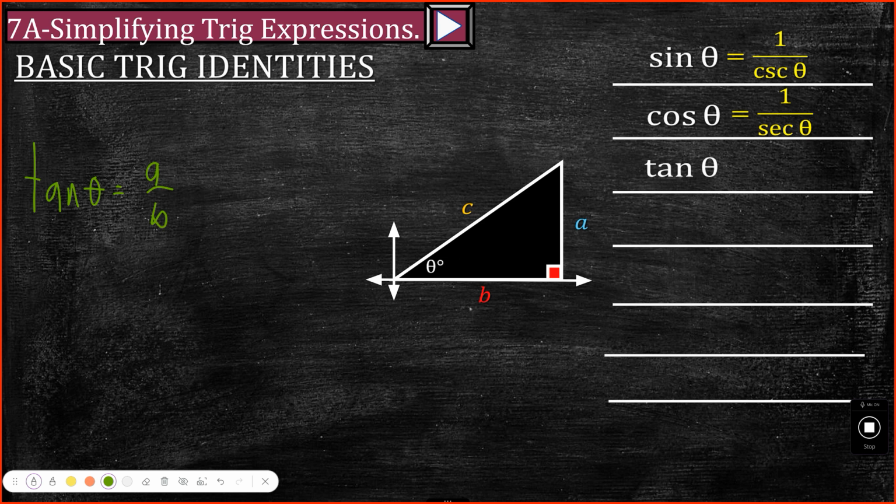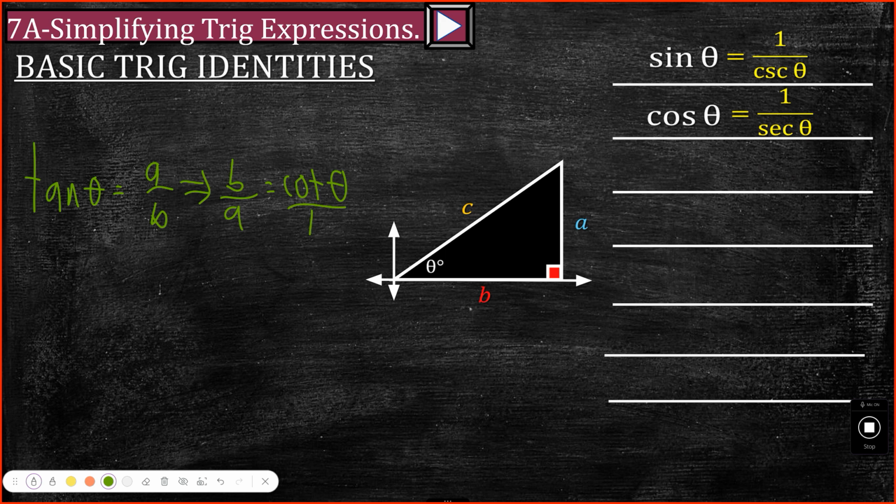Which I'm going to flip again because I'm looking at basic trig identities that are reciprocal. Anyways, these are the reciprocal identities. B over A is what then? Cotangent theta.